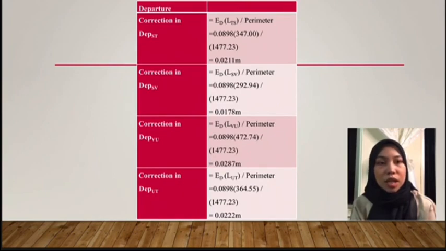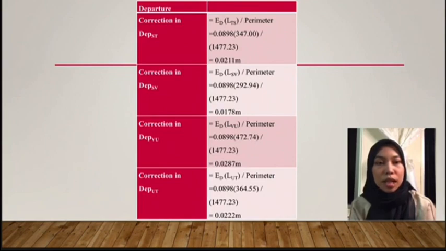Correction in departure VU, ED times LVU in bracket per perimeter. The value of ED is 0.0898 times LVU in bracket 472.74 per perimeter, 1477.23, and the answer is 0.0287 meter.